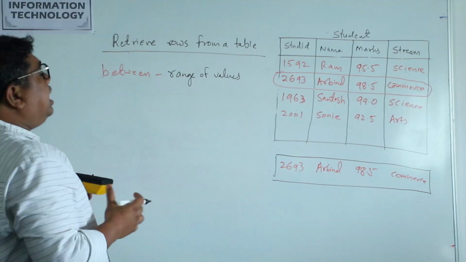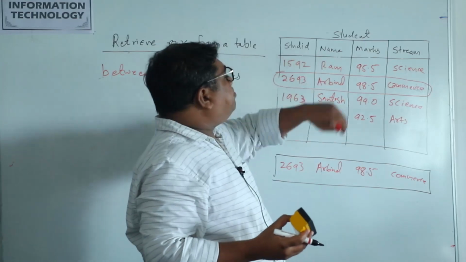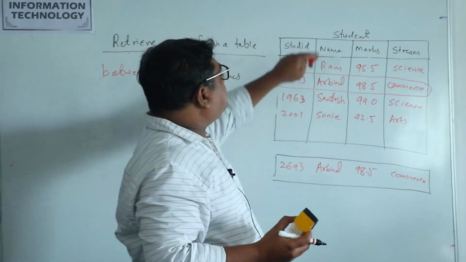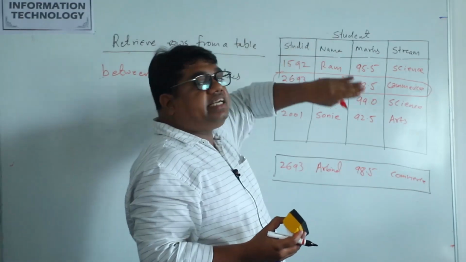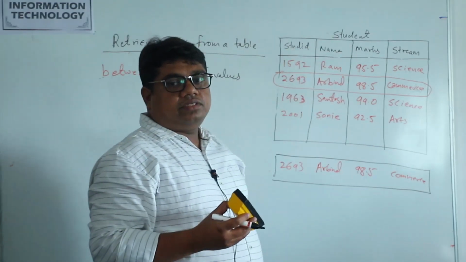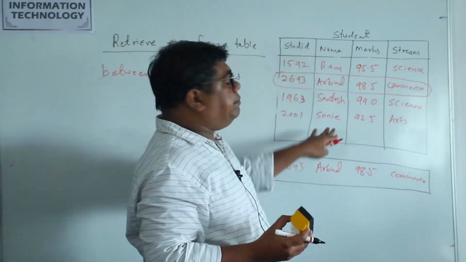Suppose I want to display only the name of students whose marks is between 95 and 100. I want to display only the name.